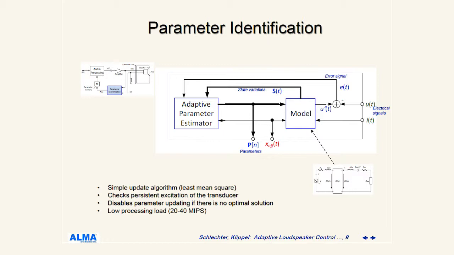It can be done by minimizing the error between the model signal and the real measured signal. So we have some parameter estimator which uses the error signal and the state variables produced by the model to update the parameters until they are optimal for the given signal.